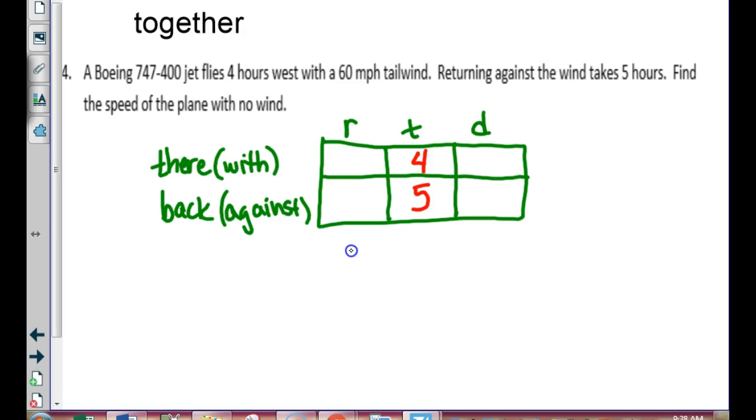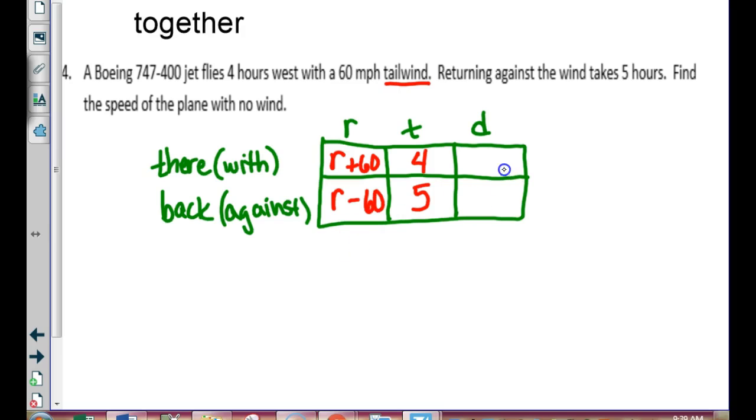Okay. So as it was going there, the plane was flying some rate, but what was this wind doing? Because it's a tailwind. It was helping it, so this is just plus 60 because we actually know how fast the wind is going in this question. And what was the wind doing on the way back? Working against it, so it's minus 60.